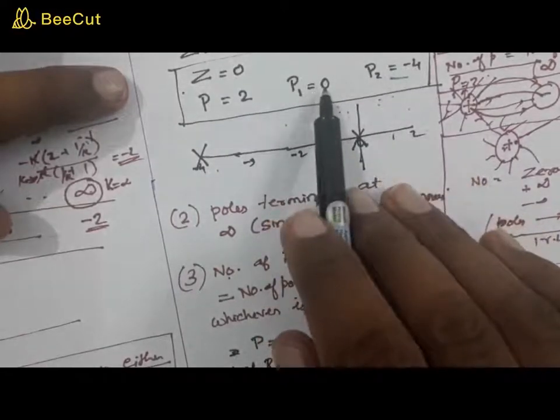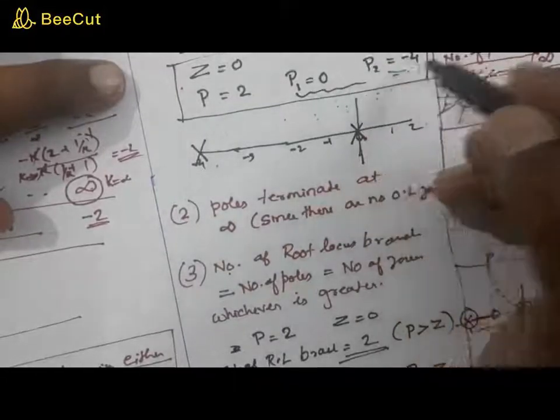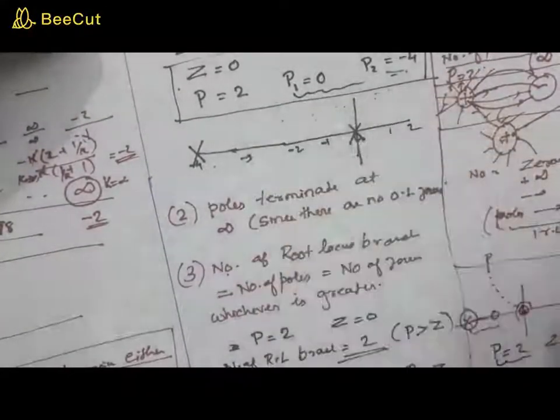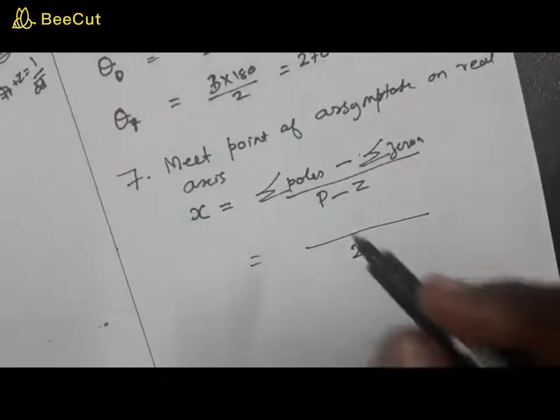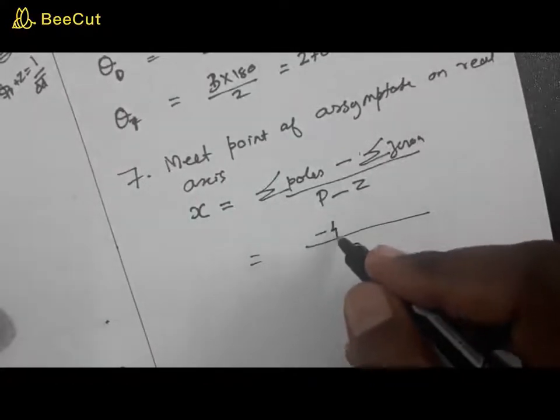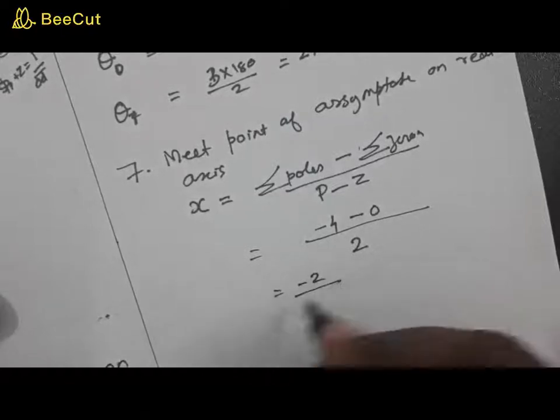Just add these values. That's the meaning of sigma poles: adding the values of poles and zeros. In this case there are no zeros, so sigma zeros will be 0. While this will be 0 and minus 4. So adding 0 and minus 4, you get minus 4 minus 0 by 2, which is equal to minus 2.